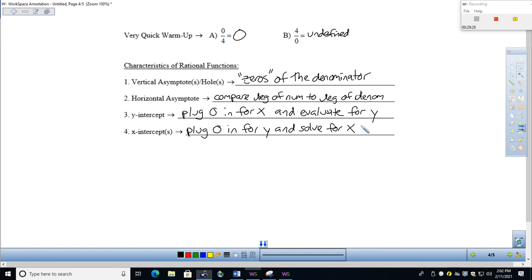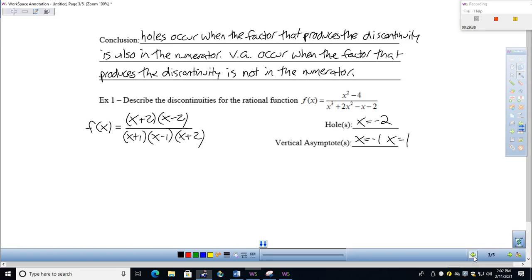Now, here's where we have to be a little careful. What does that mean, to plug 0 in for y and solve for x? So I'm going to take just a moment, and actually I'll go right back to this one right here. If I wanted the x-intercepts of this function right here, I would plug 0 in for y. Well, that would be this.